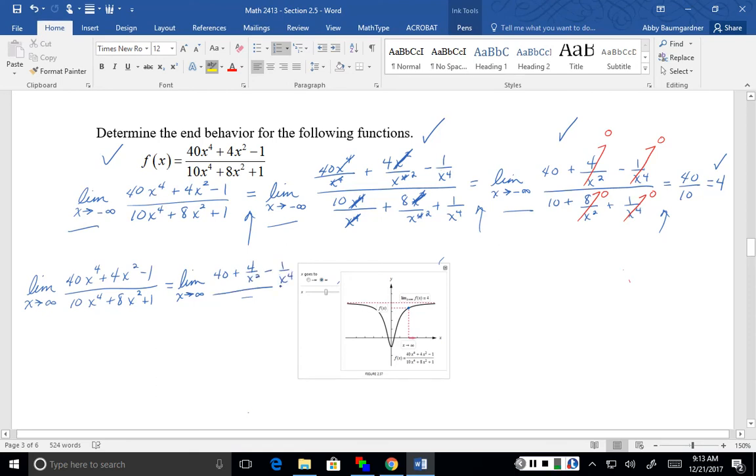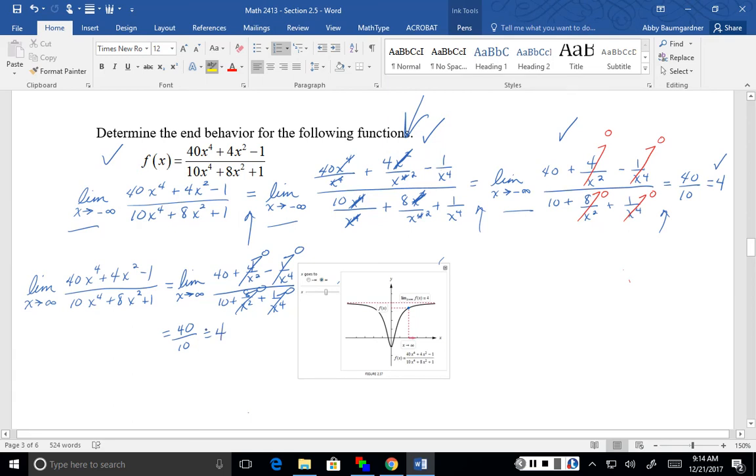But you have to have shown this step at least once somewhere on the page for this particular problem. When in doubt, show your work. Okay, now we evaluate. So this goes to 0, this goes to 0, this goes to 0, this goes to 0, and we get 40 divided by 10, which is 4.